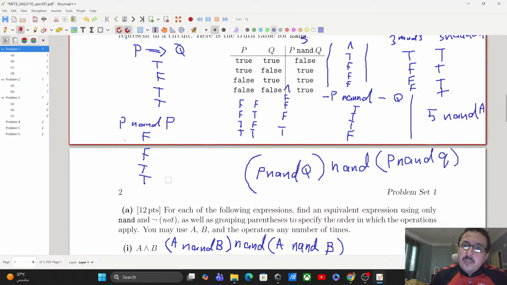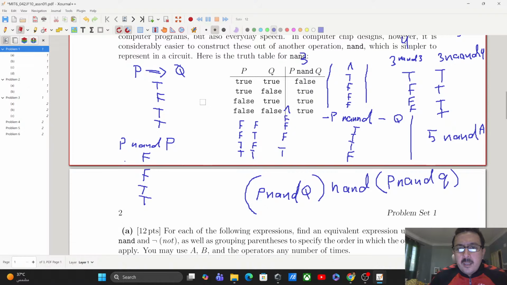False, false, false, false. What does it want? It's gonna be true, true, true, true. What did we do? True, true, true, true, true, true. Answer to false. False.